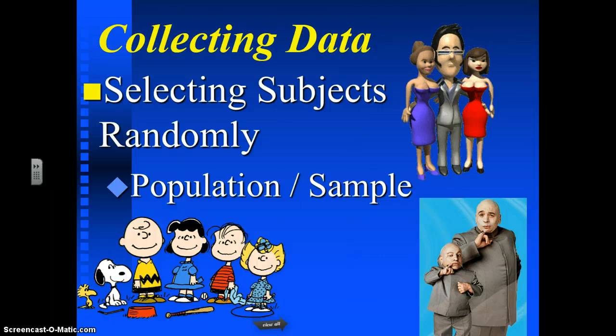So, how could we do a random sample of the high school? Well, maybe you get a bunch of researchers together with your surveys ready, and you are at school at 6:45 in the morning before anybody walks in, and once the doors are open, every fifth person who walks in the door gets a survey. Now, how do you know who the fifth person is going to be? You don't. You have no idea.